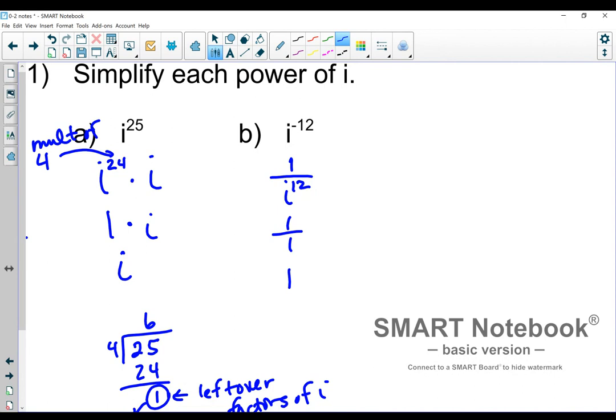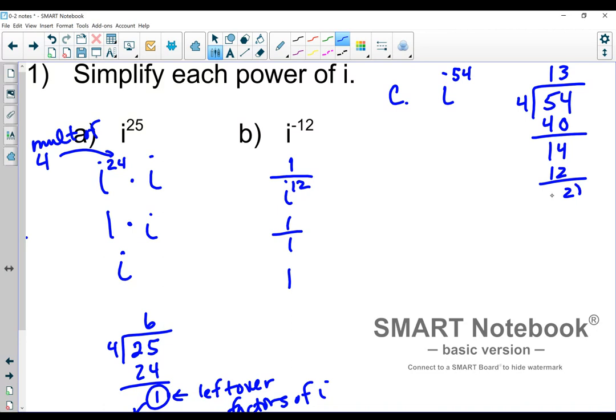So let's do just a couple extras, maybe another higher power. Let's do i to the 54th. So I'm going to use my division trick, 54 divided by 4. Let's see, 4 goes into 14 how many times? 3. 12. 2 is left over.